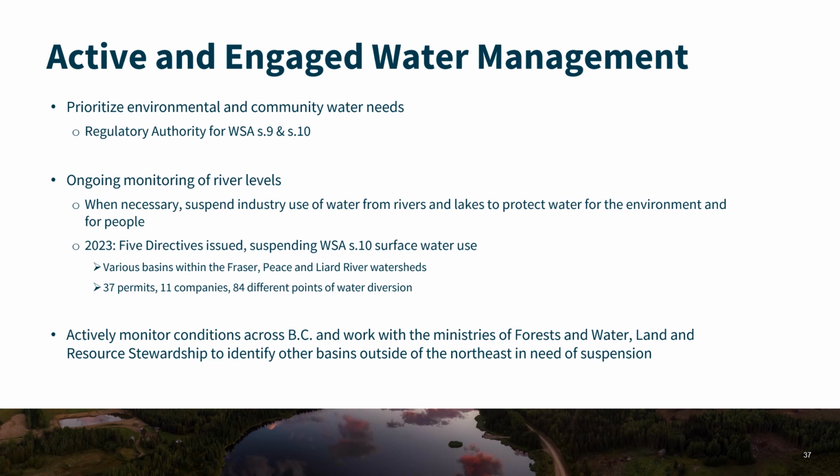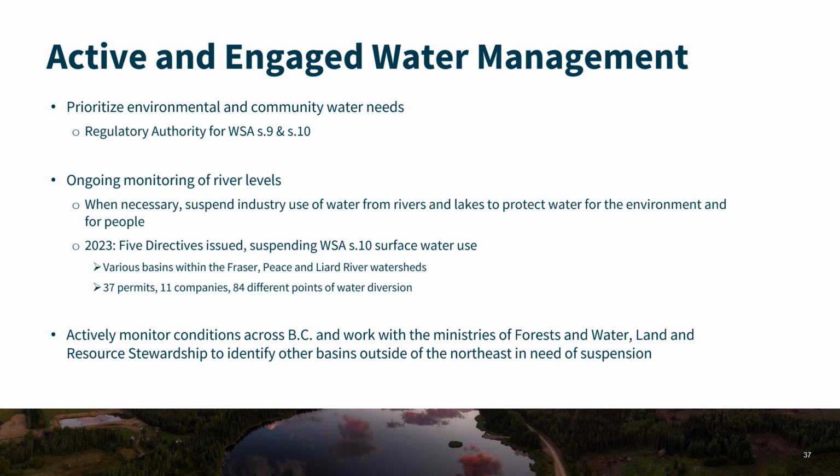And this is evidenced in 2023, where we issued 5 directives suspending Section 10 surface water withdrawals. This occurred across the province in various basins within the Fraser, the Peace, and the Liard River watersheds, and encompassed 37 permits held by 11 companies at 84 different areas for withdrawal.